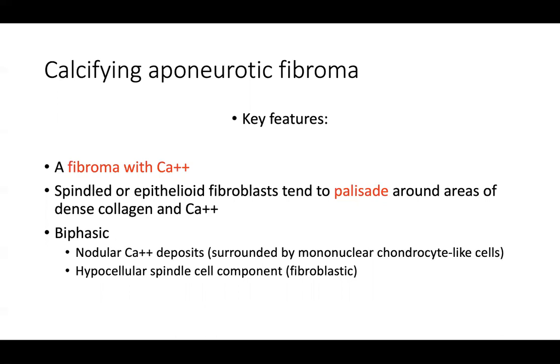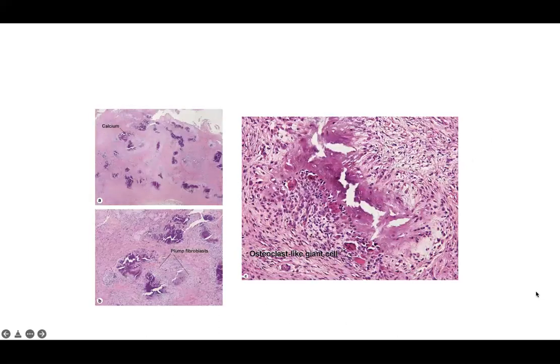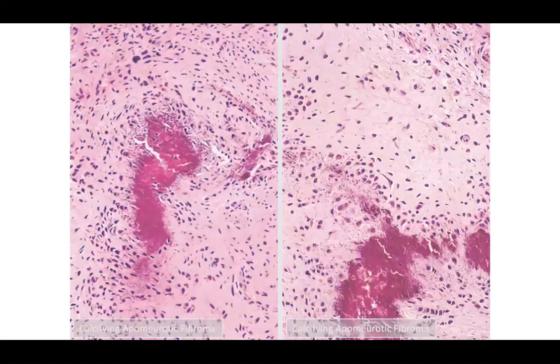It can be biphasic, so you can see these nodular calcium deposits surrounded by mononuclear chondrocyte-like cells, and a hypocellular spindle cell component, which is kind of a fibroblastic component. Just more examples of areas of calcification surrounded by those plump fibroblastic cells. This is your calcifying aponeurotic fibroma.